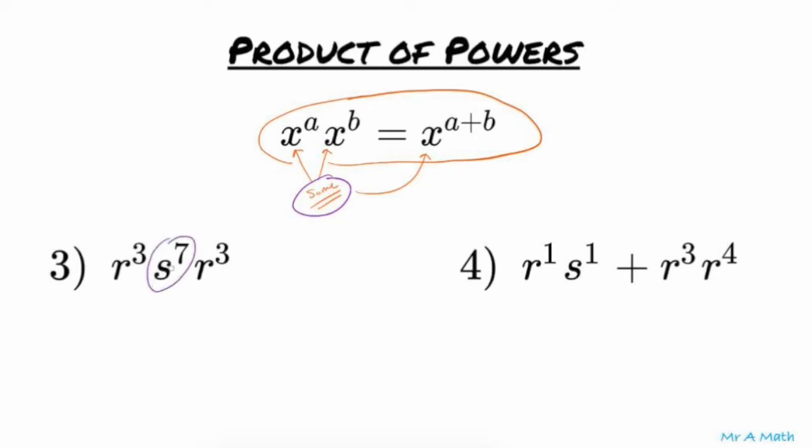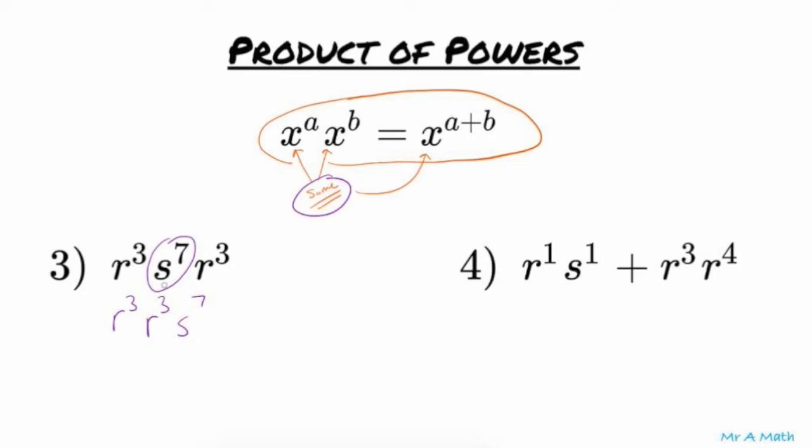But since all of this is being multiplied together, I can actually multiply these two bases together as the product of powers rule says. So let's go ahead and erase these arrows and we'll write it this way. I could write it as r to the third times r to the third times s to the 7th, right? If we're multiplying numbers together, it doesn't matter what order we multiply them in, it still comes out to be the same thing.